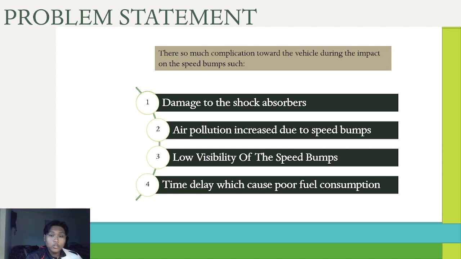What are the complications when the vehicle goes through the speed bump? First, damage to the shock absorber, increased air pollution due to the speed bump, low visibility of the speed bump, and the time delay which causes poor fuel consumption. There are four major problem statements and we must solve them.